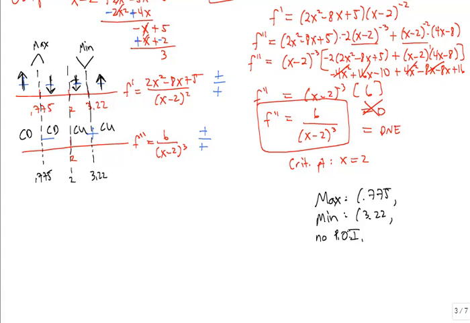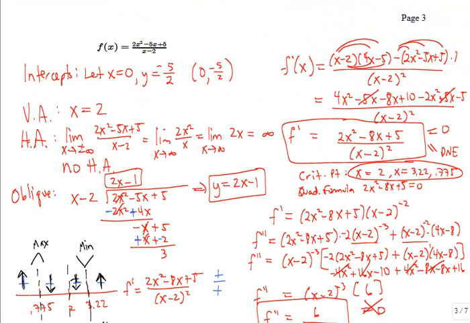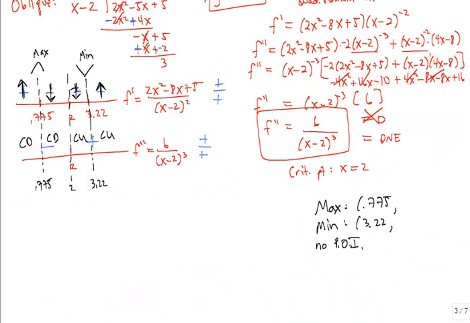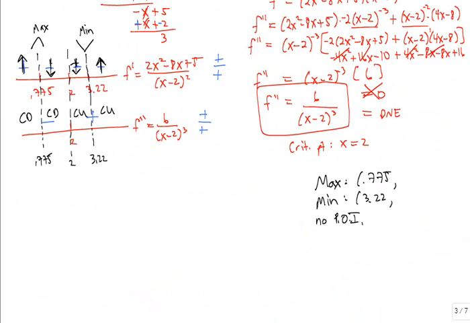Okay, now the y values for these two x's, you would have to find those by plugging in those decimals into this function and figuring out what those y's are. So at 0.775, this is approximately negative 1.89, and at 3.22, it's approximately 7.89.